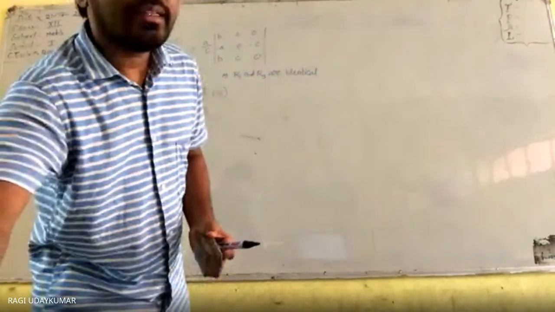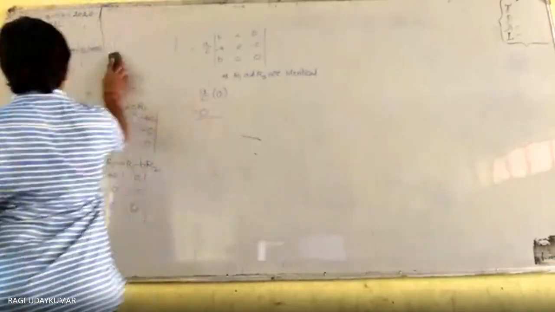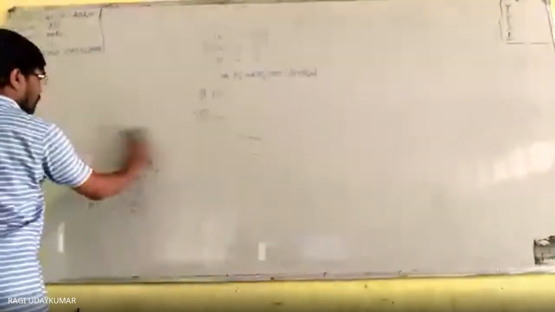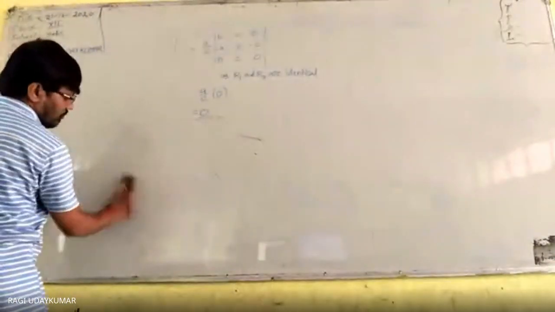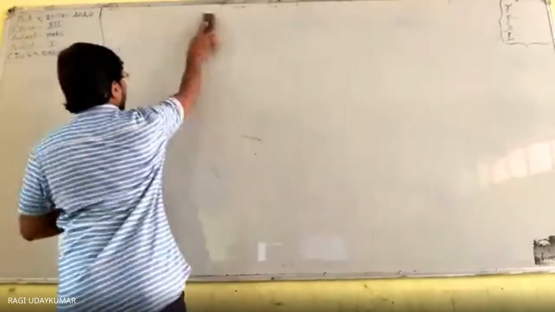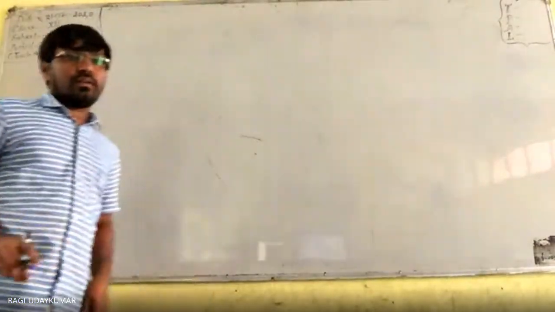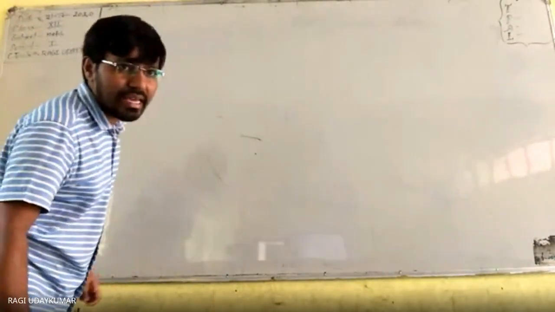The next problem is given to you. The first row is minus a square, ab, ac.